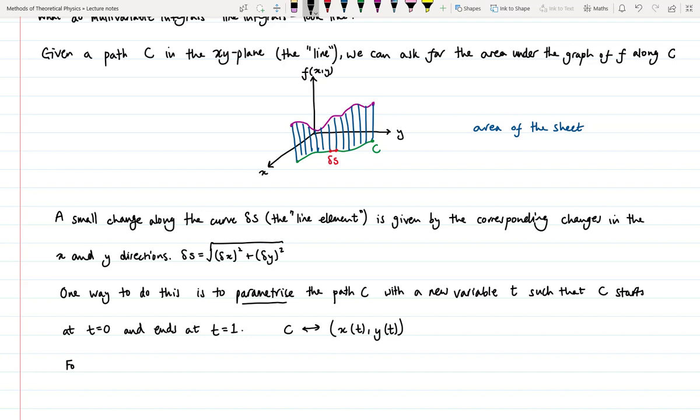We know that for small variations in x and y, we have that delta x is given by the derivative of x with respect to t times a small change in t, and similarly a small change in y is given by dy by dt times that small change, delta t.